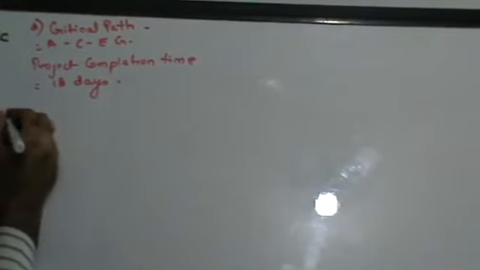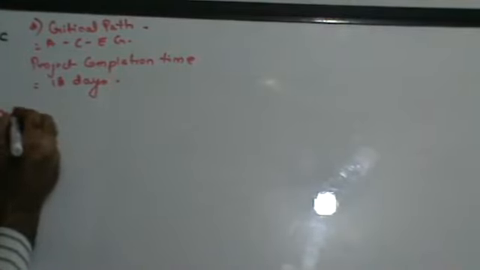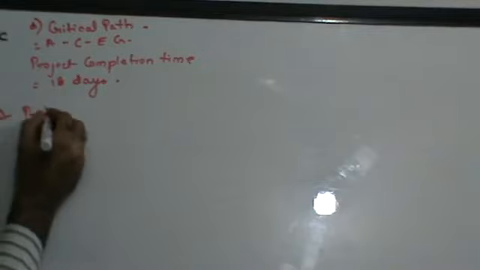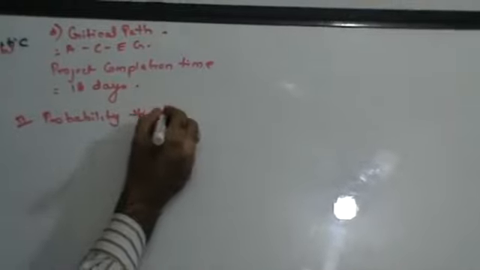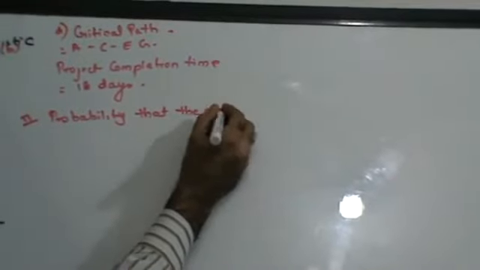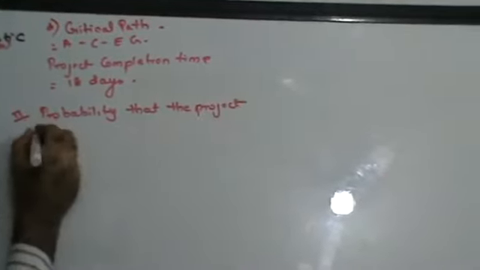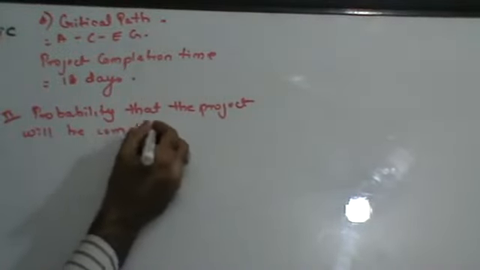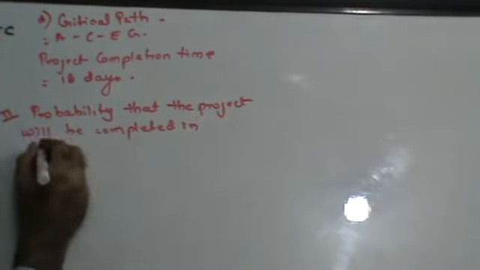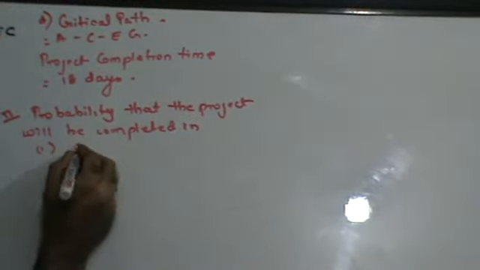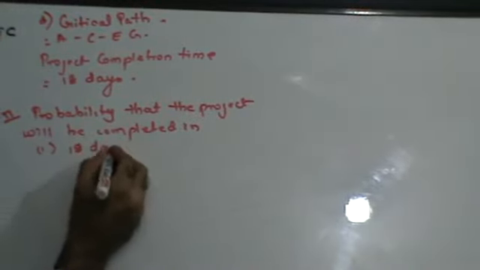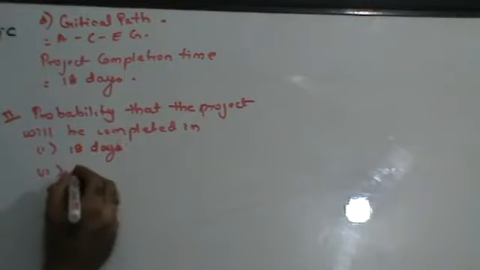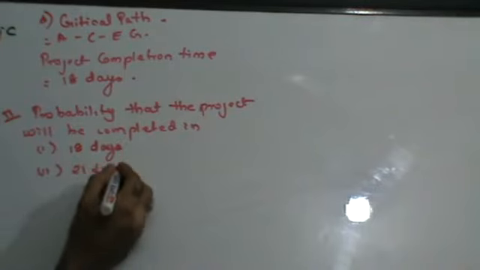Next, the second part of the question. The second part of the question asks what is the probability that the project will be completed in 18 days. Second part, 21 days.